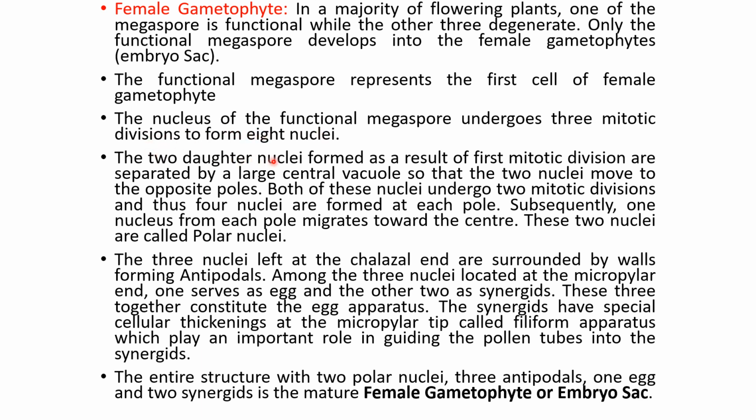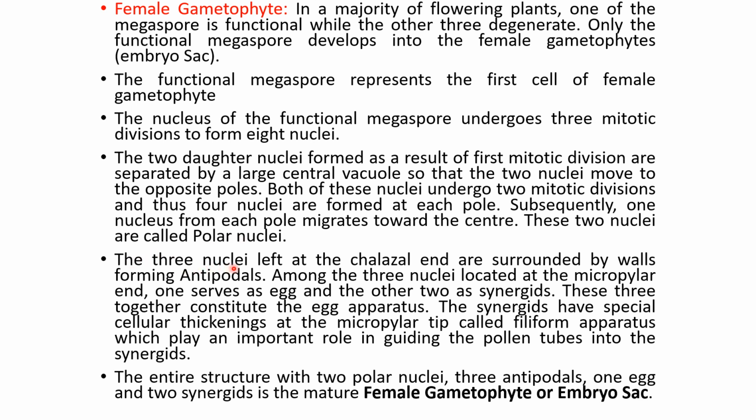The 2 daughter nuclei formed as a result of the first mitotic division are separated by a large central vacuole so that the 2 nuclei move to opposite poles. Both of these nuclei further undergo 2 mitotic divisions, and thus 4 nuclei are formed at each pole. Subsequently, one nucleus from each pole migrates toward the center. These 2 nuclei are called polar nuclei, which later on form the secondary nucleus.